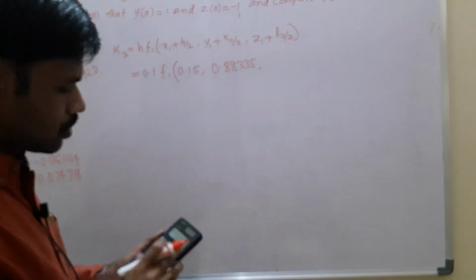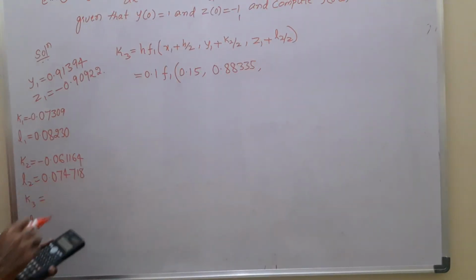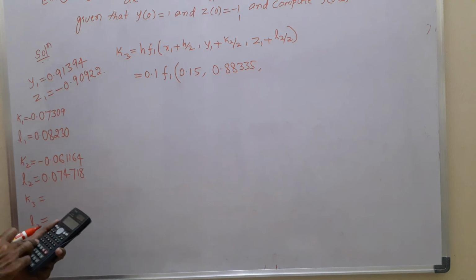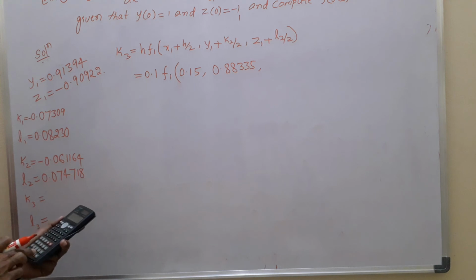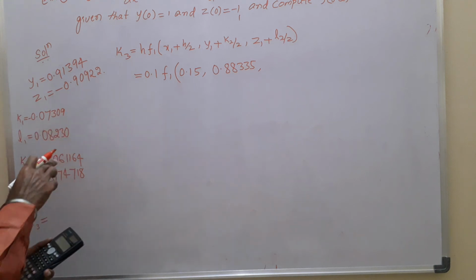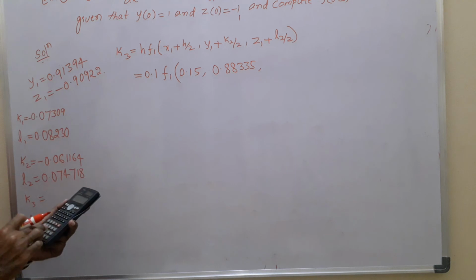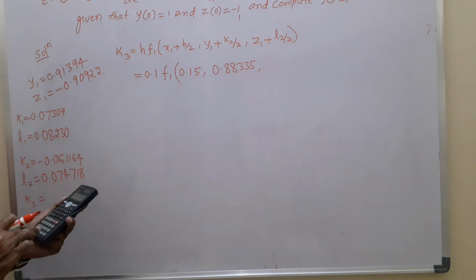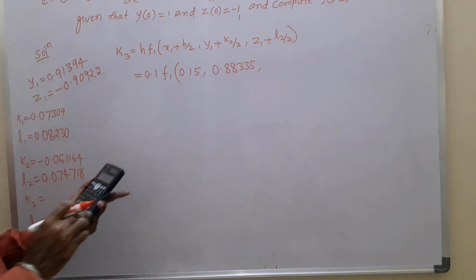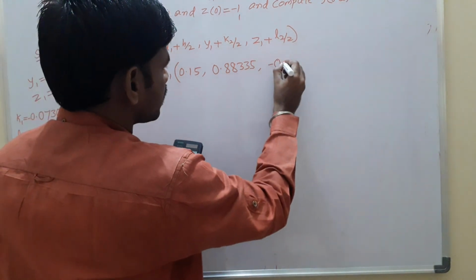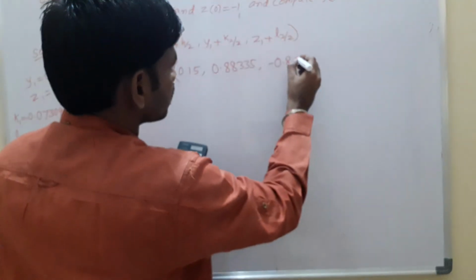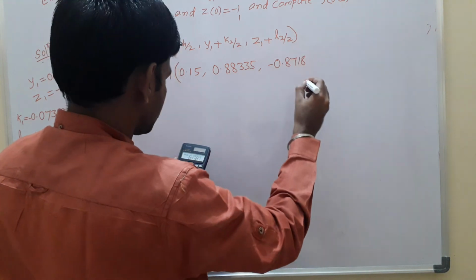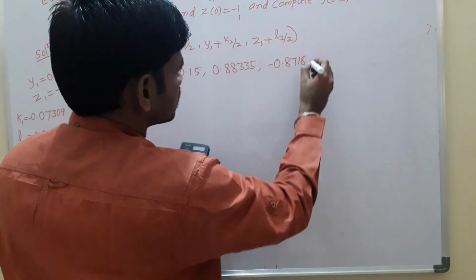Okay, and L2 is 0.074718 divided by 2, z1 is minus 0.90922, we get minus 0.871861.